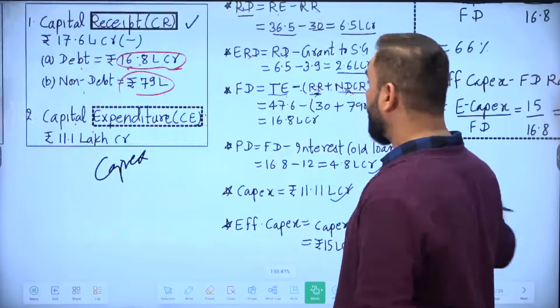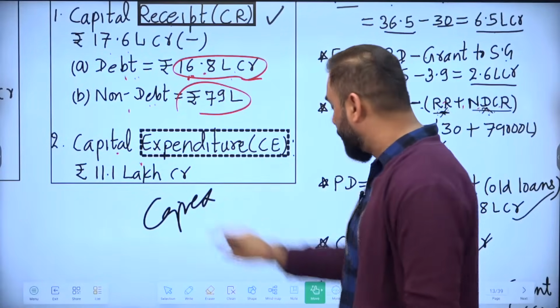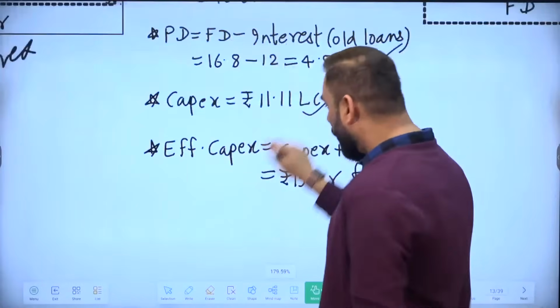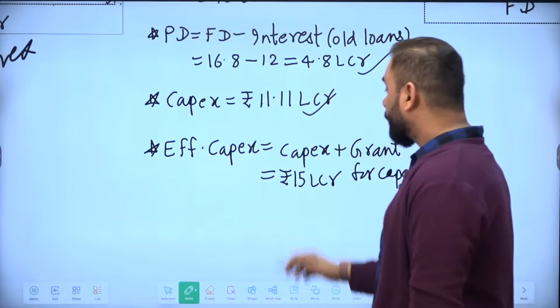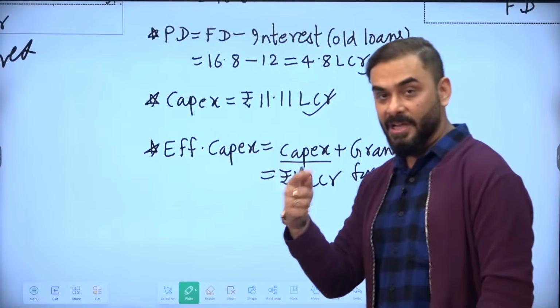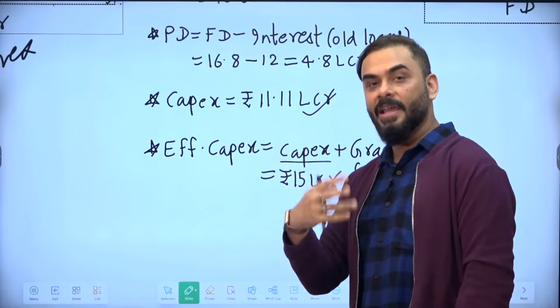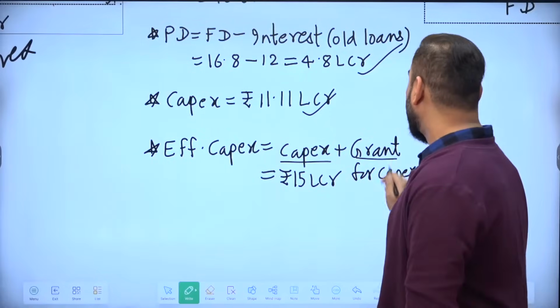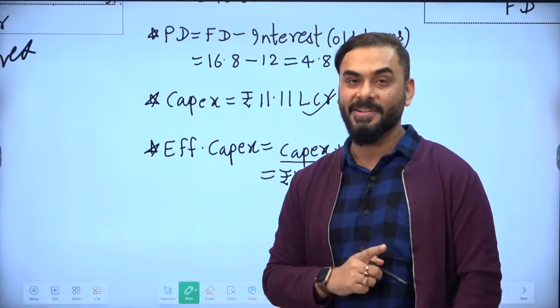And what is capital expenditure? Capital expenditure is simple. This is the capital expenditure. In our budget, the capital expenditure is 11.1 lakh crore. What is effective capital expenditure? Called as effective capex. So effective capital expenditure is equal to capital expenditure, which means the money which the government uses for construction of assets like road, railway, airport. So capital expenditure plus grants given to state governments for creating capital assets.